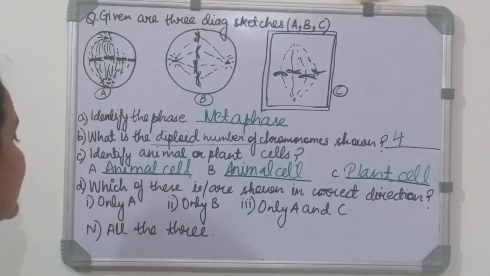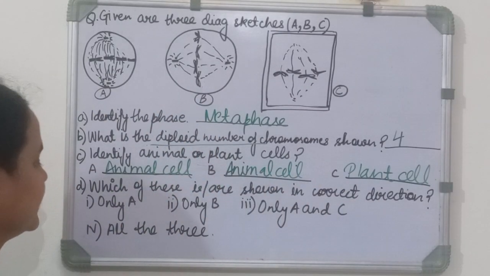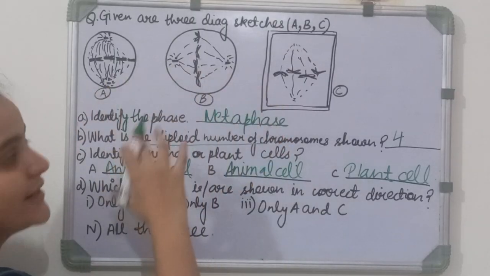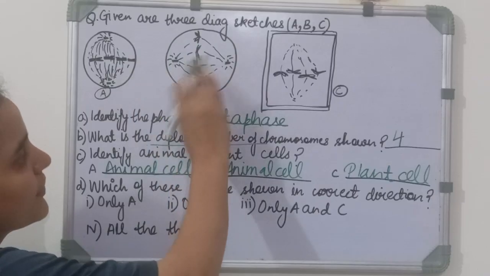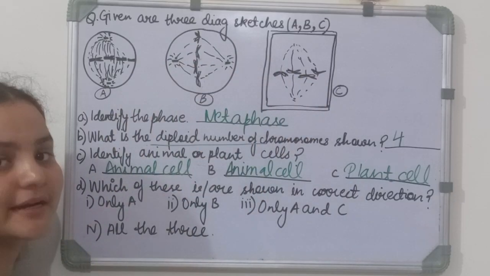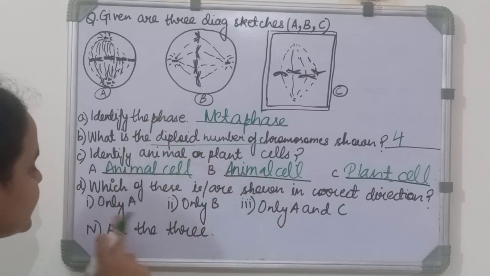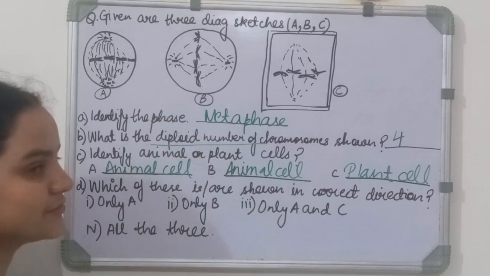Now next question, which of these is/are shown in correct direction? We have to identify whether A, B and C have the correct orientation of spindle fibers or not, and whether they represent metaphase correctly or not. So the options are only A, only B, only A and C, all of the three.